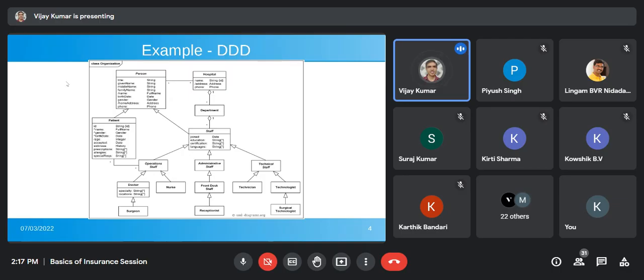If I understand my business, like if I understand the hospital industry in this case, as a designer, it becomes super easy for me to design this software for them.